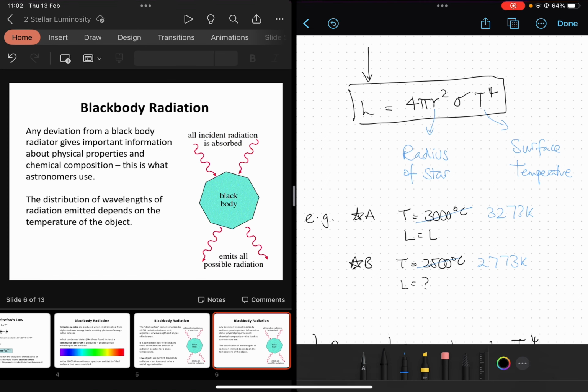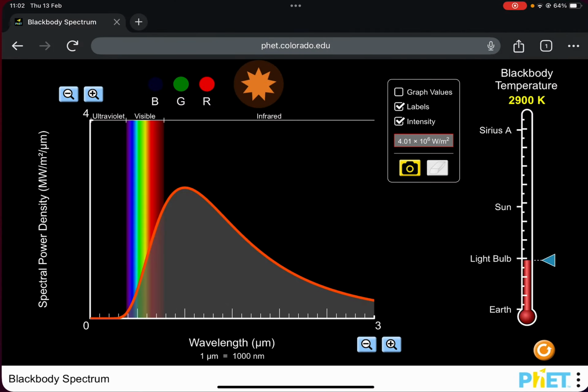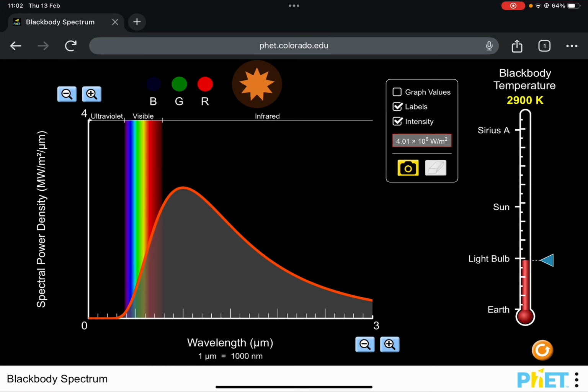And specifically, any deviation from this perfect black body radiator tells us something about the physical and the chemical composition and properties of those objects, and we will use those later in this unit. The key thing, though, is that the distribution of wavelengths depends very much on the temperature of the object. And to show you that, let's look at this PhET animation.